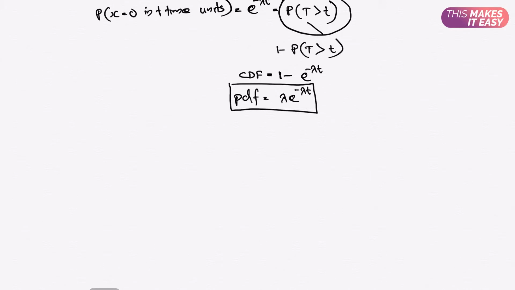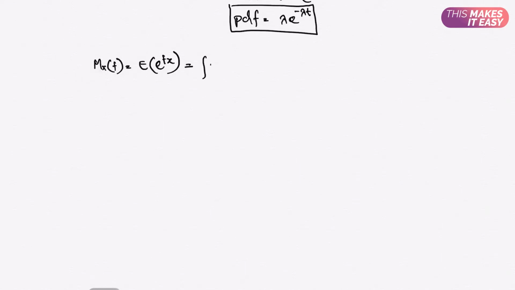So next we will find the MGF of the exponential distribution. The MGF of any random variable is equal to the expectation of e to the power tx. In this case, that is equal to the integration of e to the power tx times the PDF of the exponential distribution, and x takes values from 0 to positive infinity.